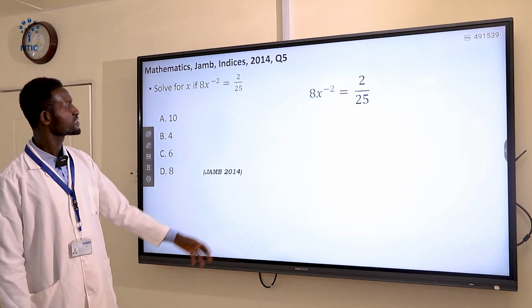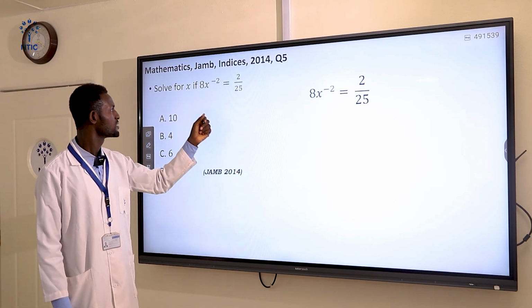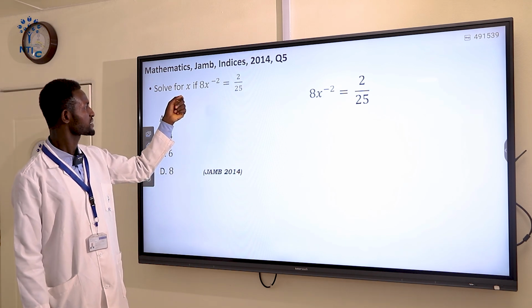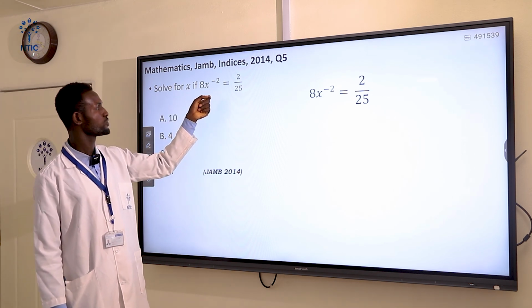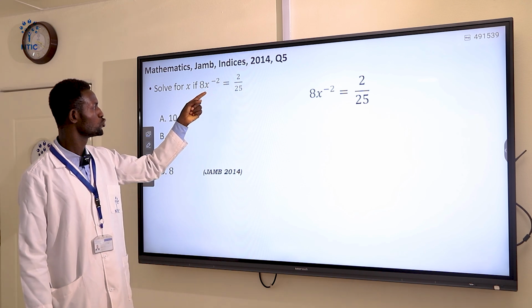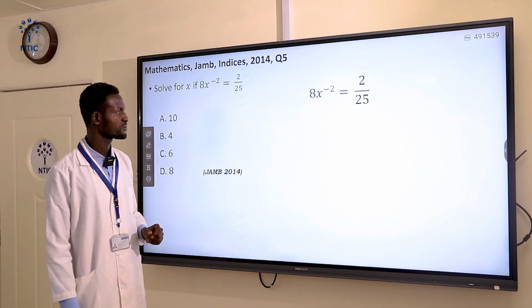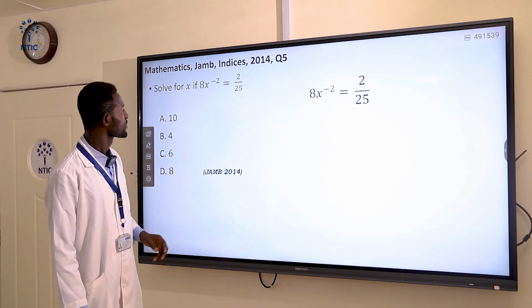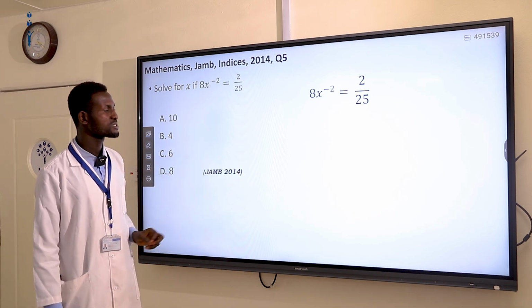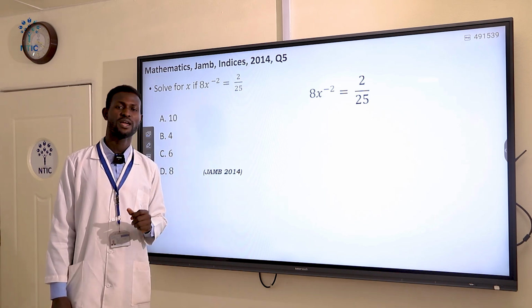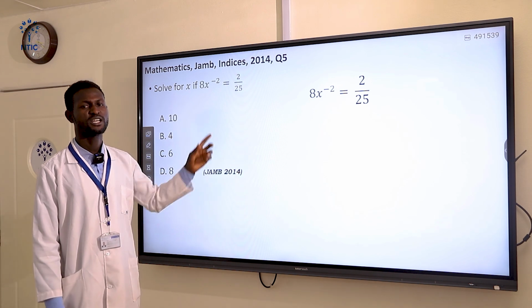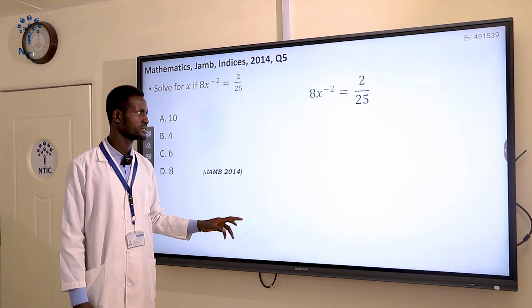The next question says we should solve for x if 8x raised to power minus 2 equals 2 divided by 25. To do this, we divide both sides by the coefficient of x raised to power minus 2. In this case, it is 8.